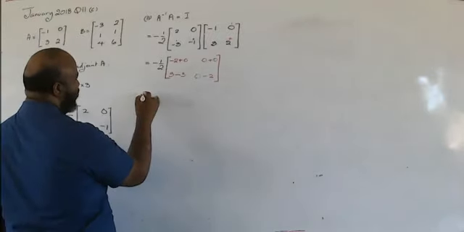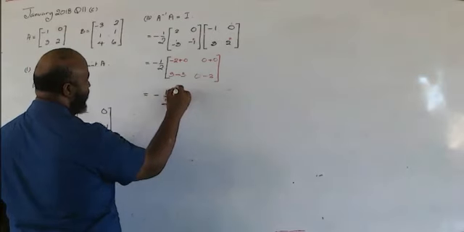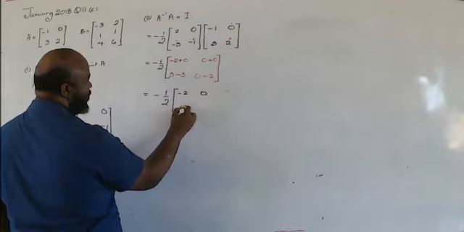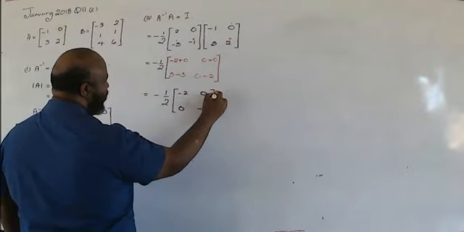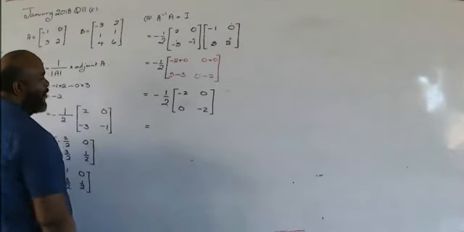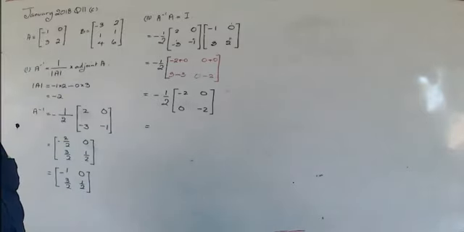Switch back. This now becomes what? Minus a half. This is minus 2, 0, 0, minus 2. Do you agree? Yes, sir. Multiplying by a half is the same as dividing by 2.